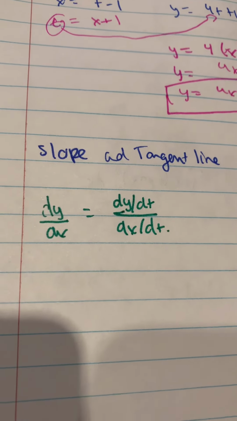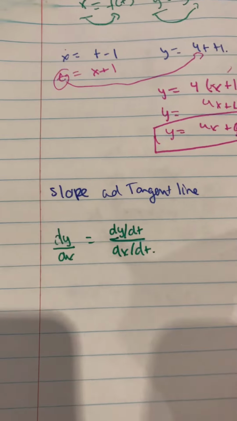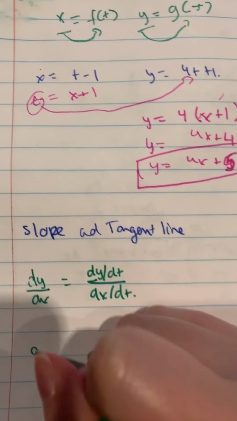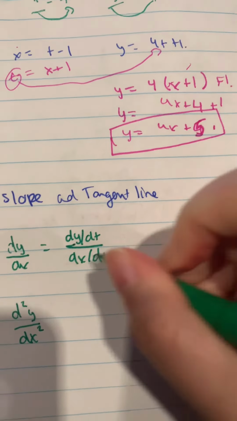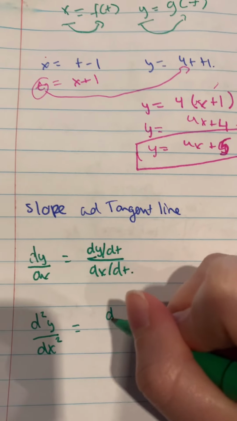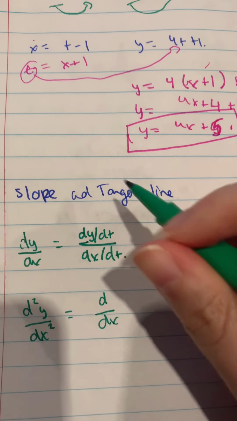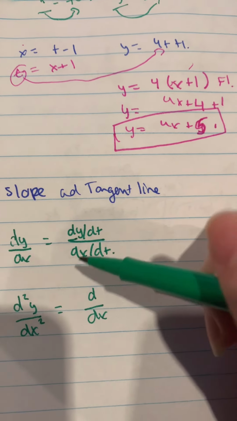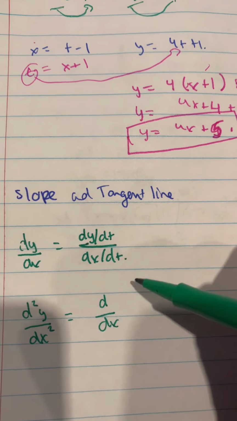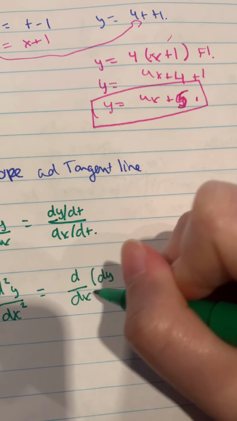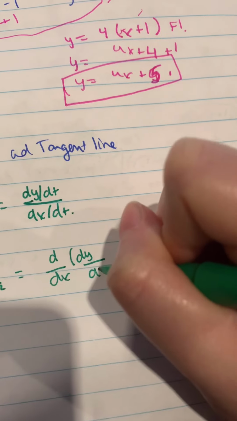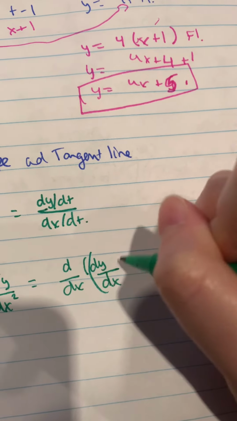So what if we want to find a second derivative? How would that look? Pretty easy, the same old thing. d²y/dx² equals d/dx of dy/dx, because we can separate the d out in the front. So we have dy, then we separate the dx out, and we have a dx left.